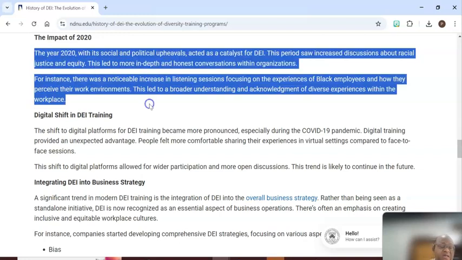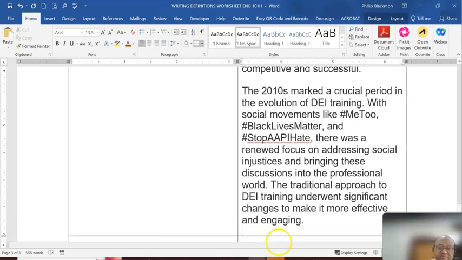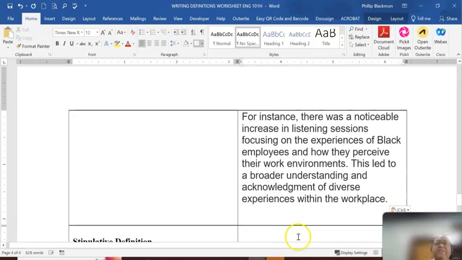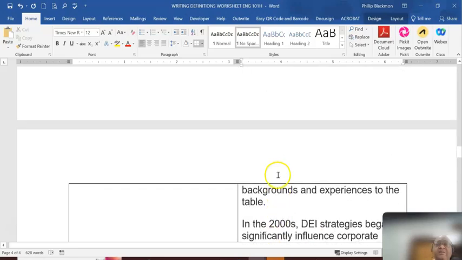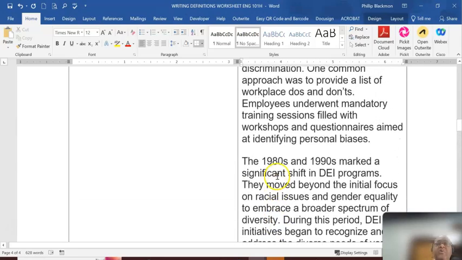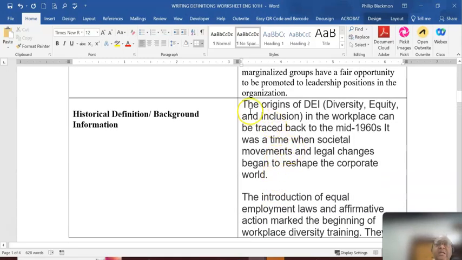I think this was the last period. So I have all of my history background information for the paper, and I'm just pasting this information here on my form, right? So I know where all the history is.